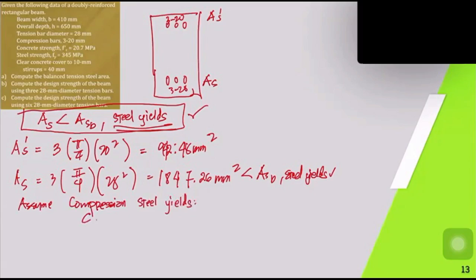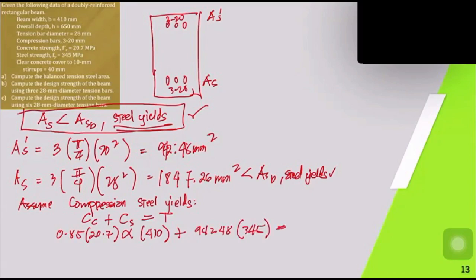So Cc plus Cs equals T. That is 0.85 f'c a b plus 942.48 fy, assuming it still yields, equals the tension side, which still yields.